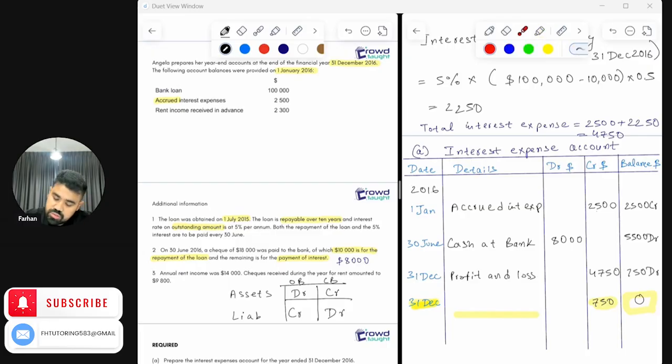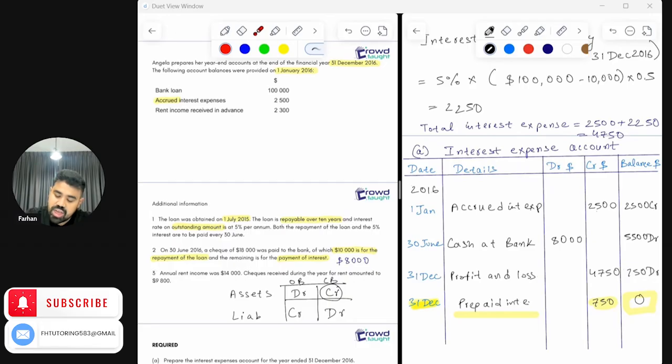So this is 750 reported on the credit side. Only an asset can have a closing balance on the credit side. Isn't that so?